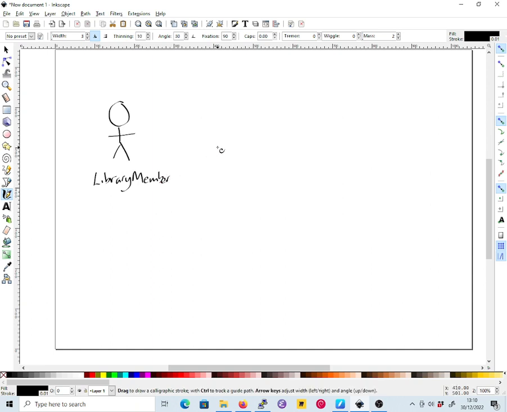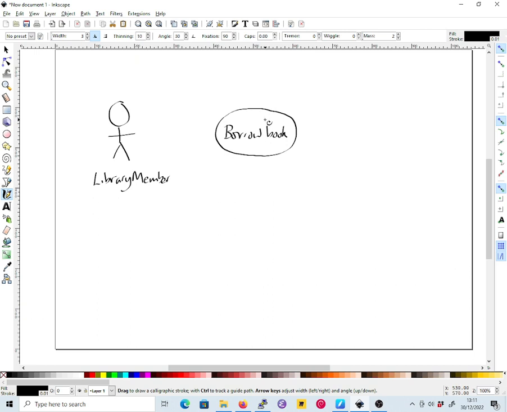And let's say that the first and most basic task that your system has to be able to support is the borrowing of a book. So that gives us our first use case. Borrow book. And a use case in a use case diagram is shown inside an ellipse, which, if you're doing whiteboard diagrams, can be very rough.